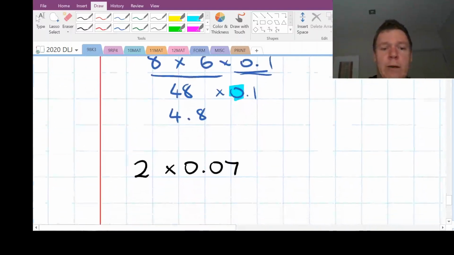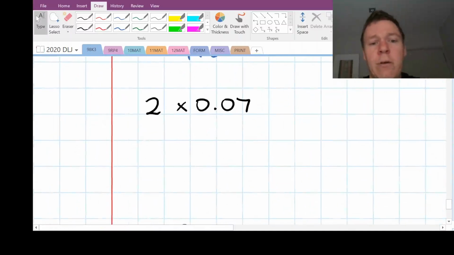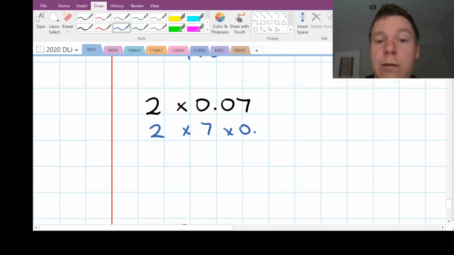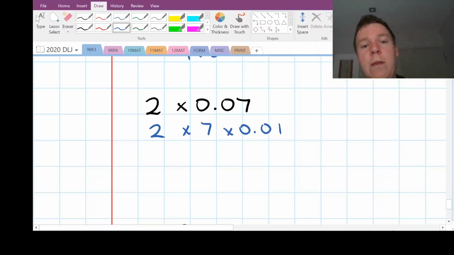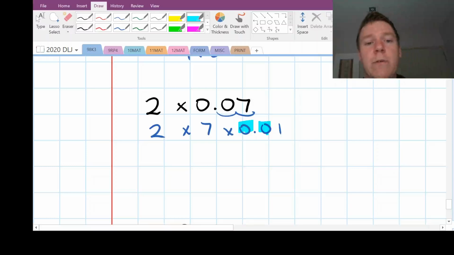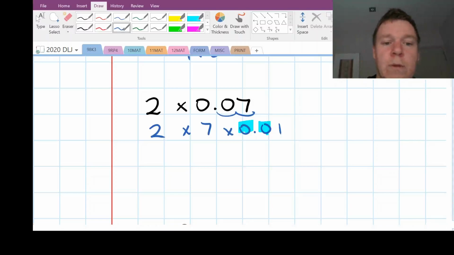Okay, next one. A little bit harder. Not that much harder though. So 0.07 can be broken up into 2 times 7 times 0.01 because it's been moved twice, right? And there's 2 zeros involved. So 2 times 7, that's 14.